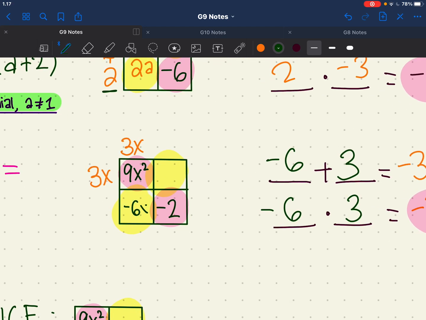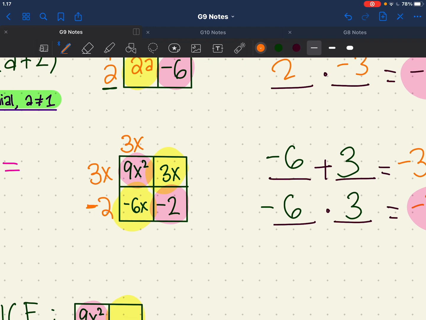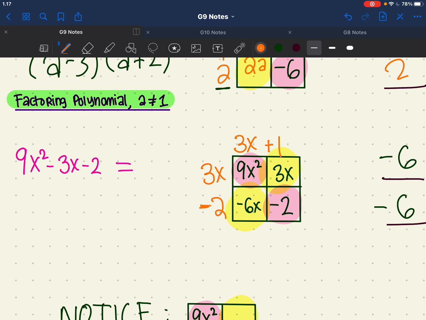Again, doesn't matter if it's switched. Okay, so something times 3x will equal negative 6x, so that would be negative 2. And then 3x times something will equal 3x, which is positive 1. So that is our answer, 3x plus 1 times 3x minus 2.